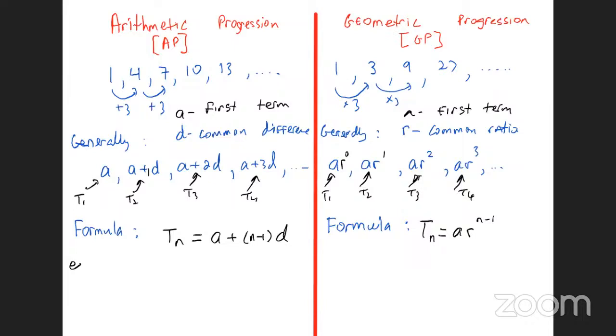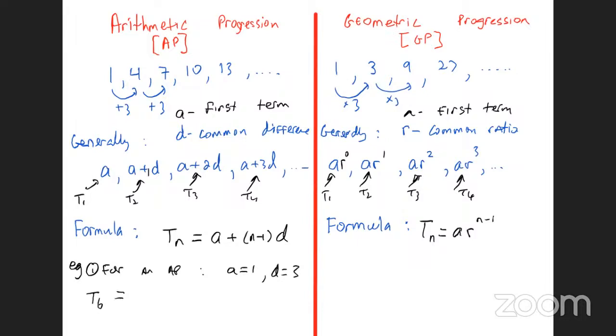So for example, for an AP with the first term 1 and common difference 3, I am going to try to find, if you look back at the original example where I gave you the first 5 terms, the 6th term.